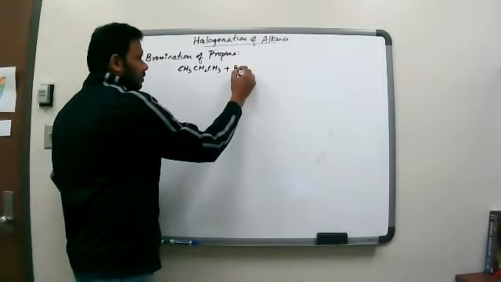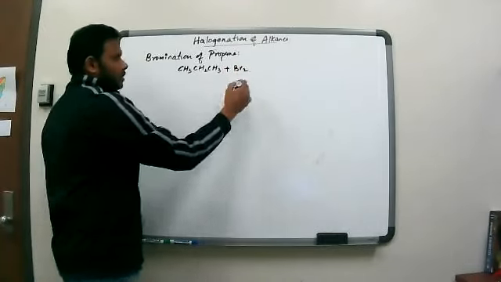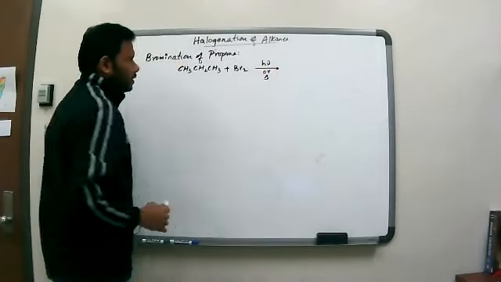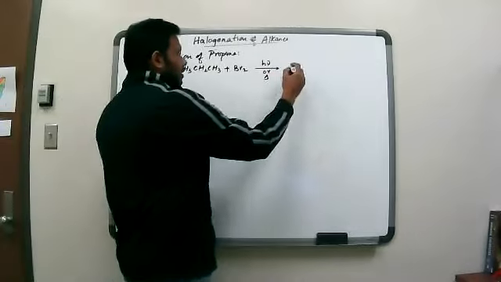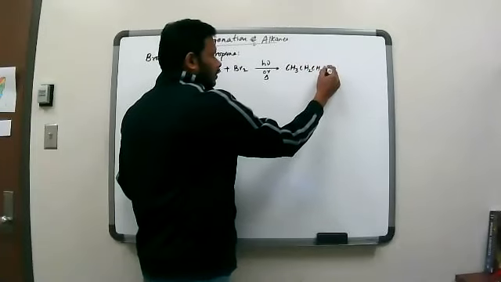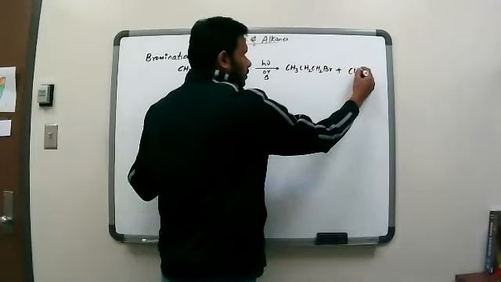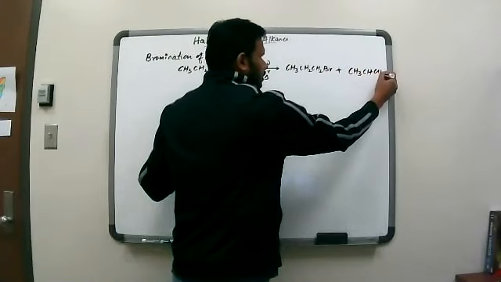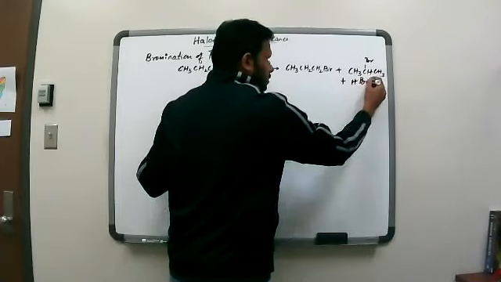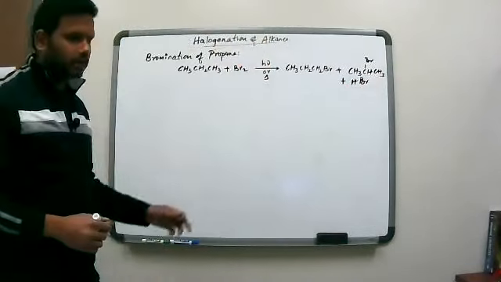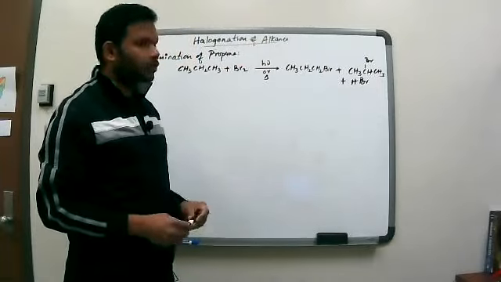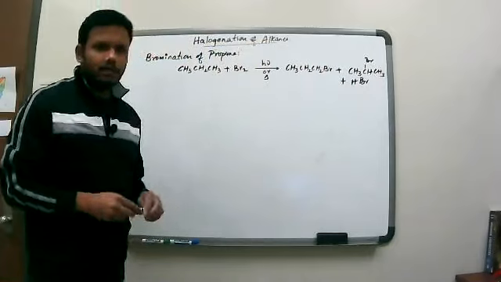So what we're talking about is propane reacting with Br2 in presence of h nu or heat or light to give CH3CH2CH2Br plus CH3CHBrCH3 plus HBr. So that's the other product that's there. That's what I left out initially. HBr should be formed. So the hydrogen bromide is also formed. Okay, so that's the reaction that we're looking at.